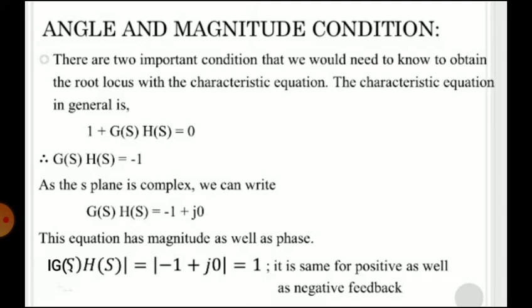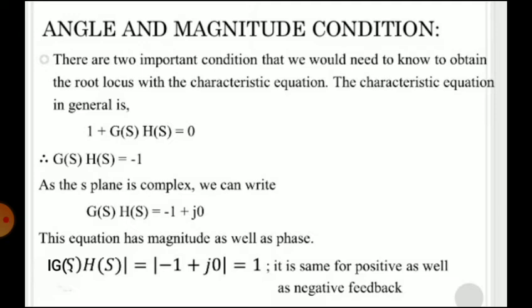There are two important conditions that we need to know to obtain the root locus with the characteristic equation. The characteristic equation in general is 1 plus G(s)H(s) equal to 0. Therefore, G(s)H(s) equals minus 1. As the S-plane is complex, and because of the minus 1, the roots will be complex, so we can write G(s)H(s) equal to minus 1 plus j0.